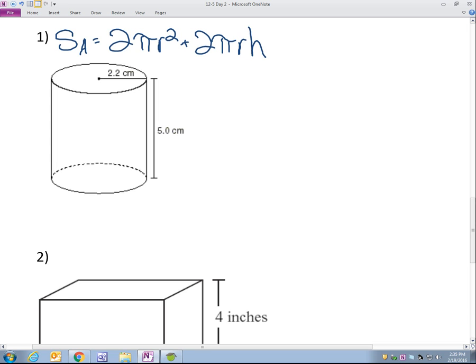And I'm going to use 3.14 for pi. If you're having trouble with this at all when you're doing this for homework tonight, I want to make sure that you are identifying what the items are. So I have 2.2, and I'm going to start moving along a little bit faster here. That is my radius. I could just say r. Then I have 5 centimeters, which is my height. Now I have to go back and substitute in.